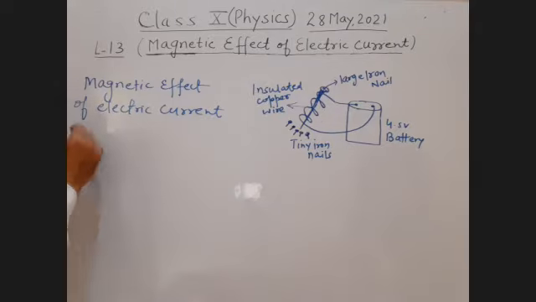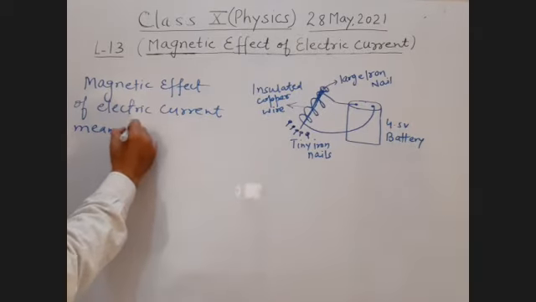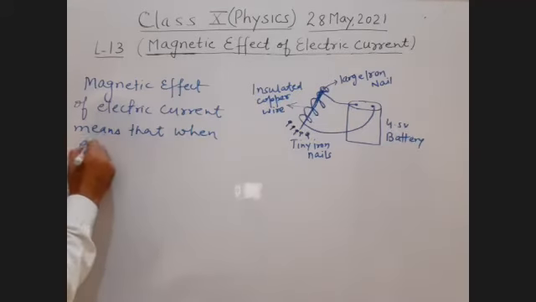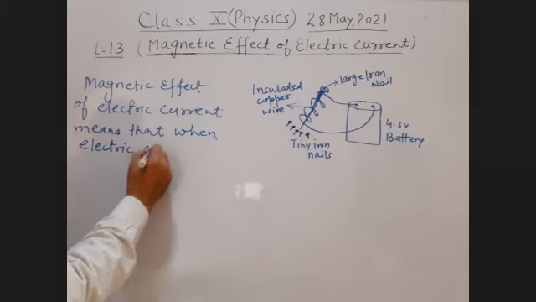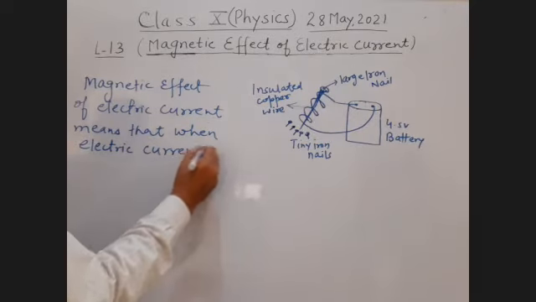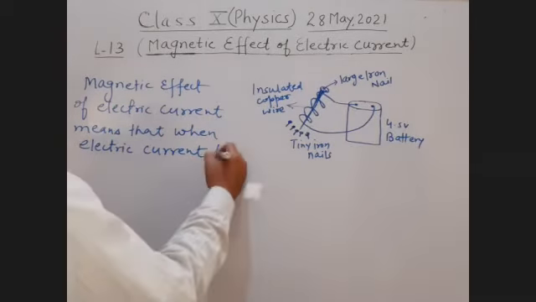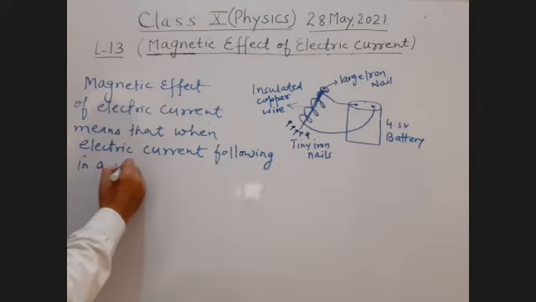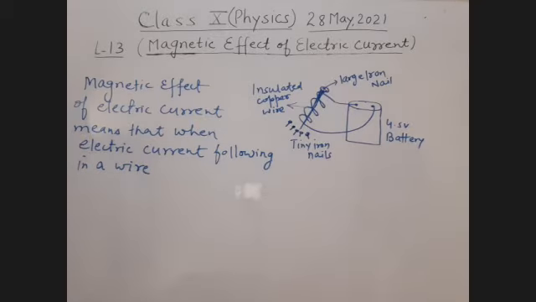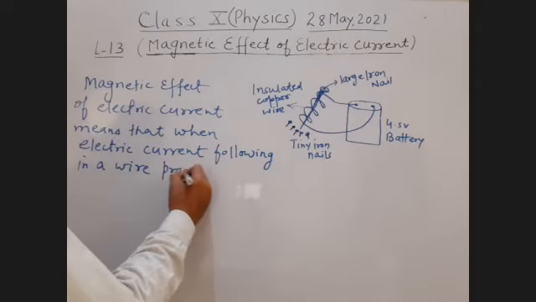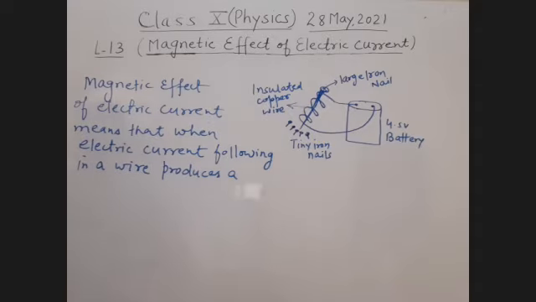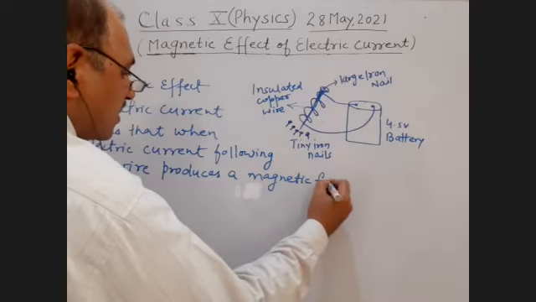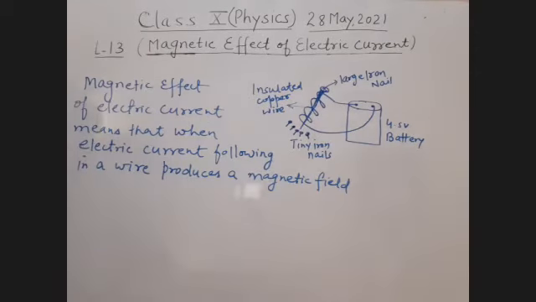Magnetic effect of electric current means that when electric current flows in a wire, it produces a magnetic field around it.